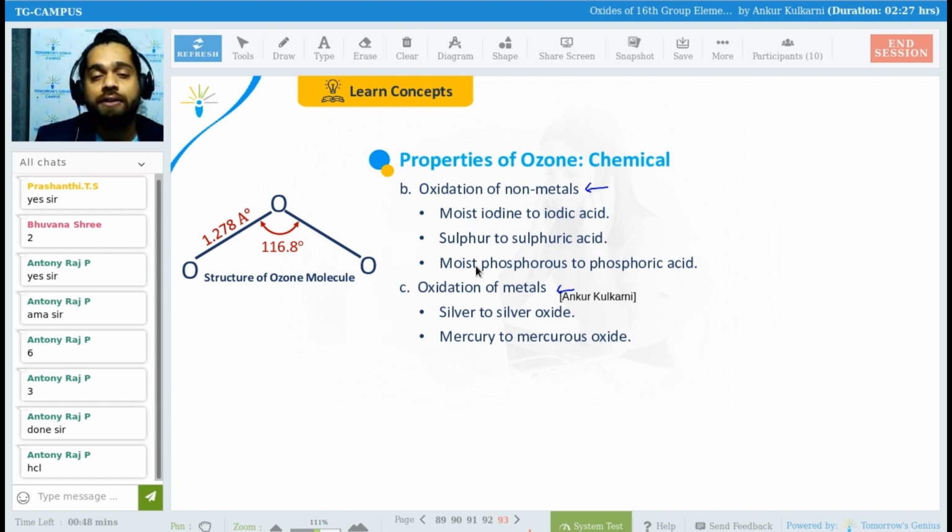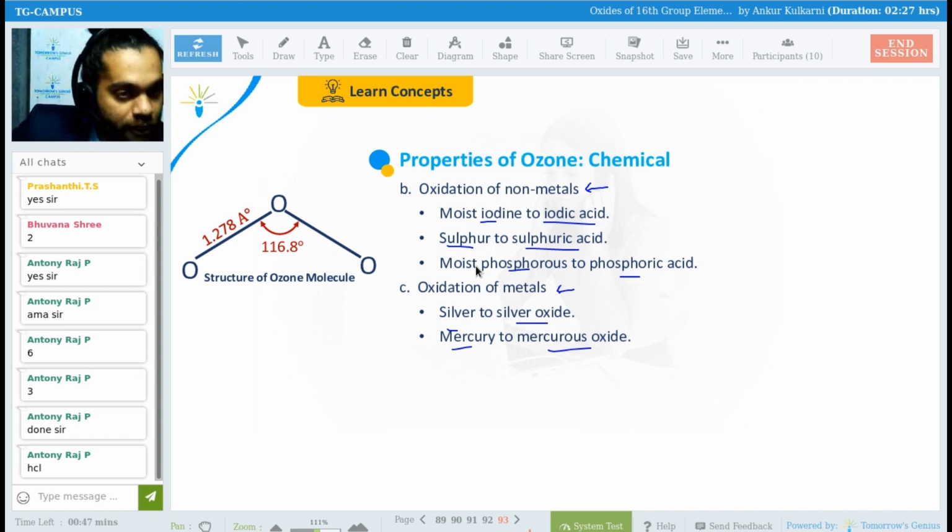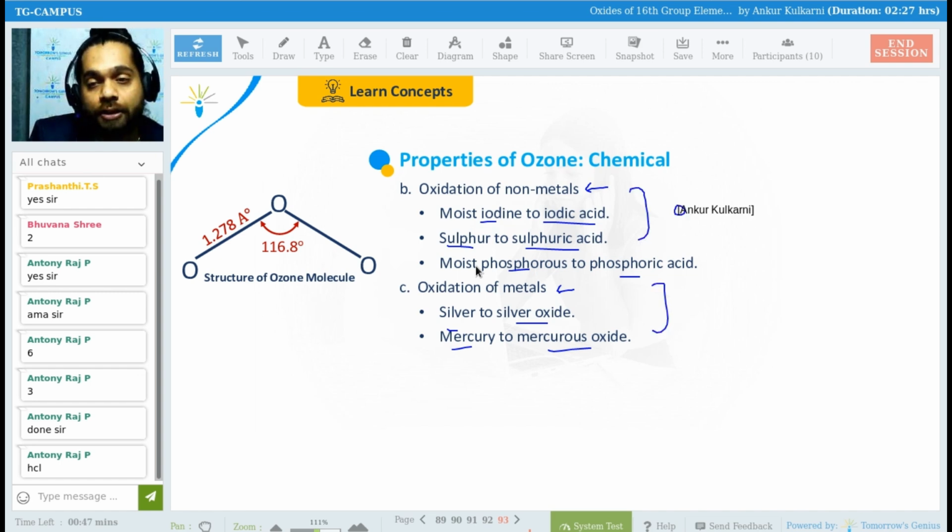No matter what you have: silver to silver oxide, mercury to mercurous oxide, phosphorus to phosphoric acid, sulfur to sulfuric acid, iodine to iodic acid. It goes on oxidizing everything. Ozone is a very strong oxidizing agent. All these are nothing but oxidation reactions.